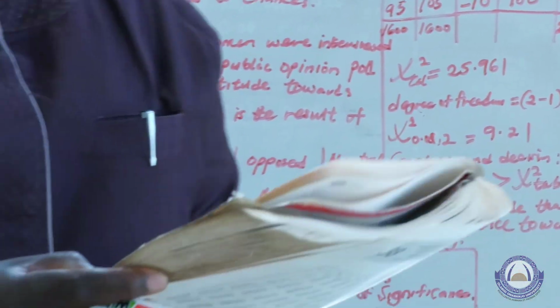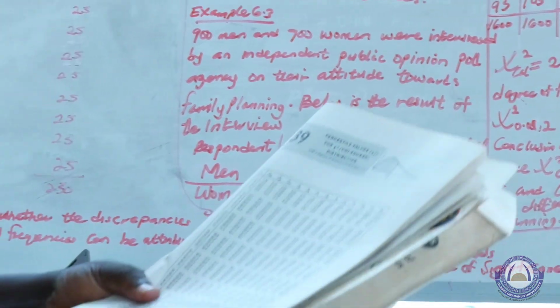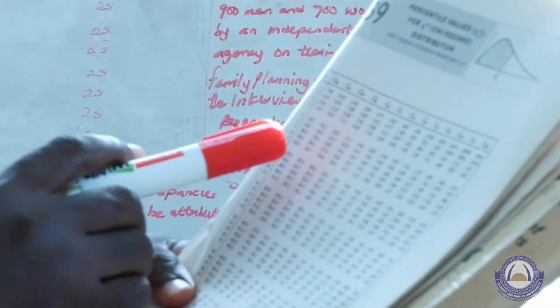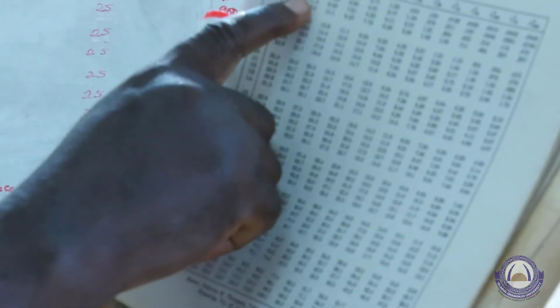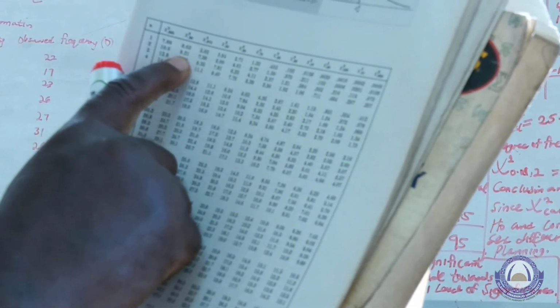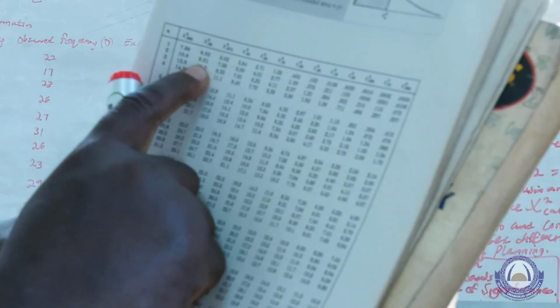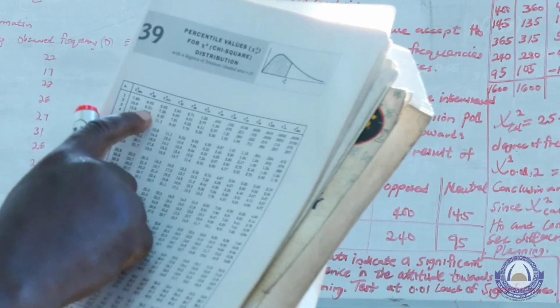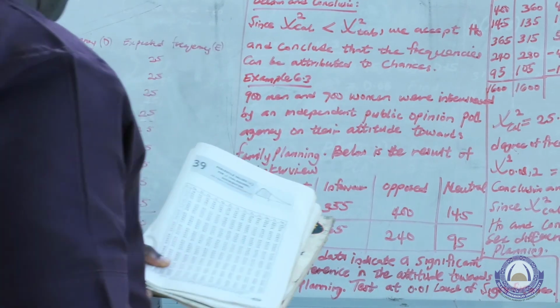We have 0.01; subtracted from 1, we have 0.99. Under 0.99, with degree of freedom 2, we have 9.21, which is the table value.